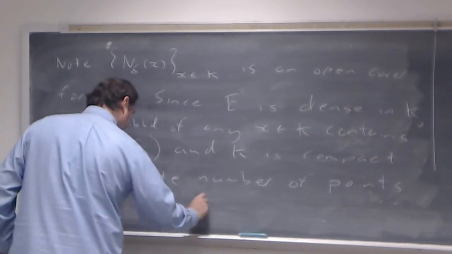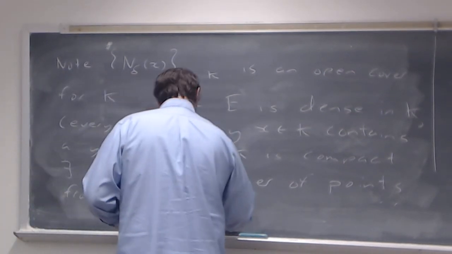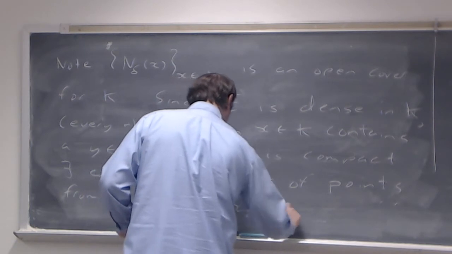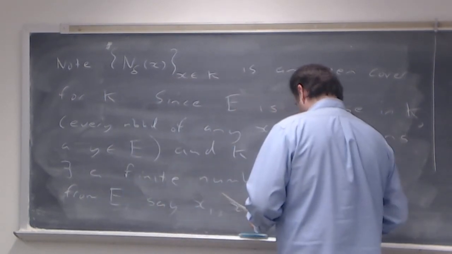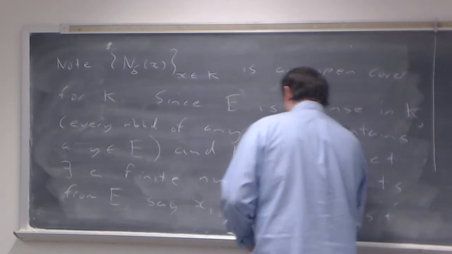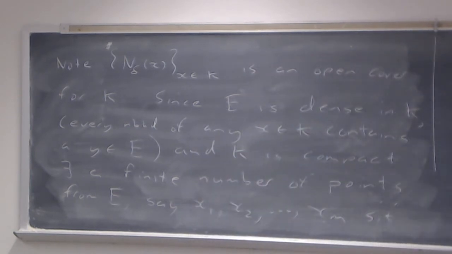Say, here I'm going to call them x sub 1, x sub 2, all the way up to x sub m, such that we get this finite subcover.